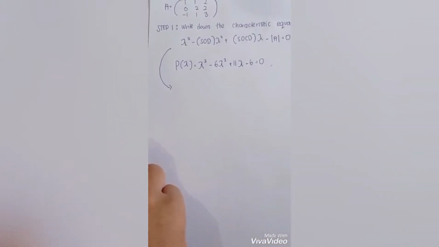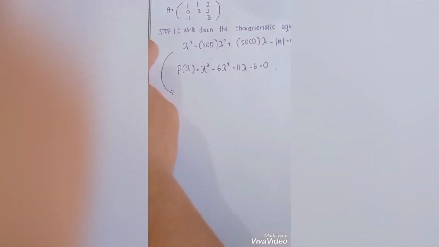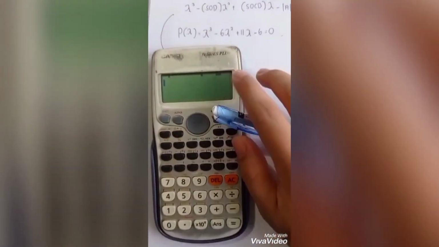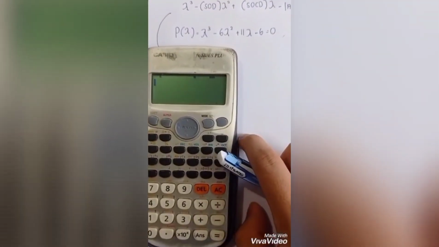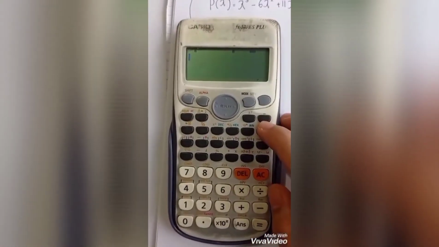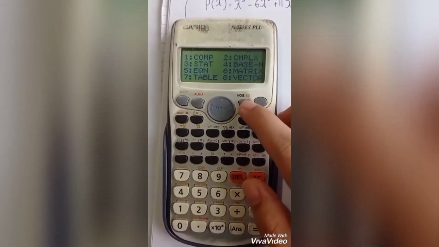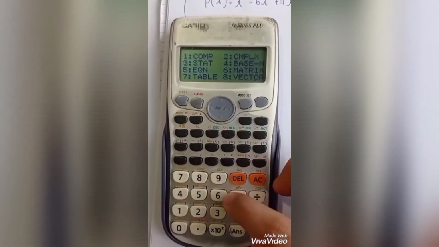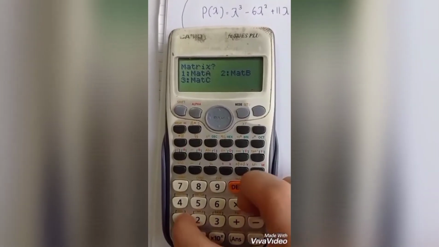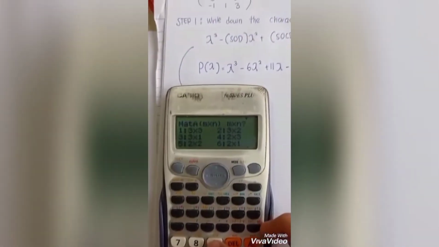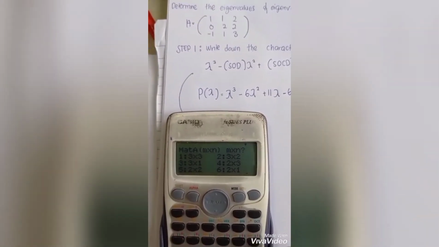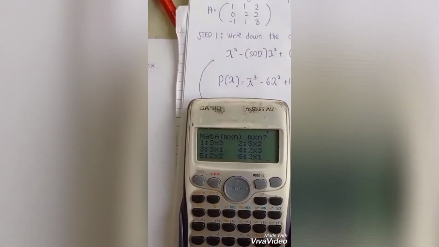First of all, we try to find the determinant of A. First step is we go to mode, select number 6 matrix, and we choose matrix A, and our matrix is a 3 by 3 matrix.